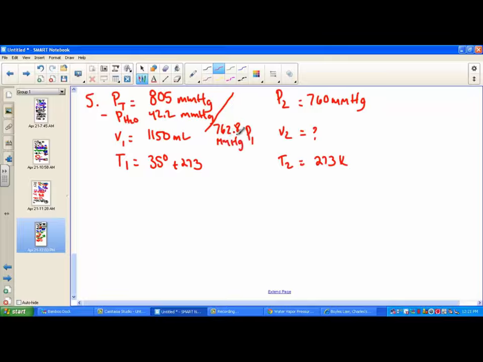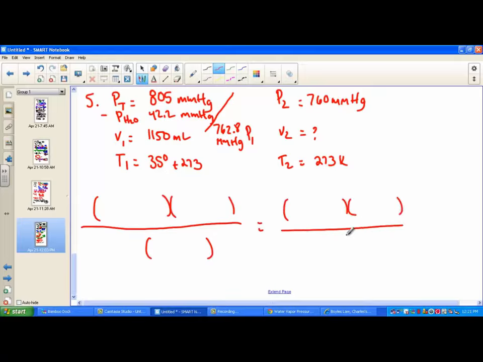It's the pressure of the dry gas. PV over T. Plug them in. I like to get my parentheses ready. Plugging in the numbers where I know they go. P1, the pressure we just adjusted to dry it up, 762.8. That's in mmHg. Notice I'm getting very good at remembering my units. 1150 mLs.